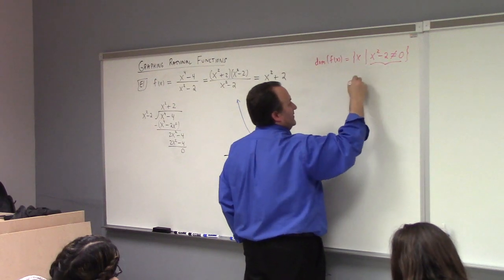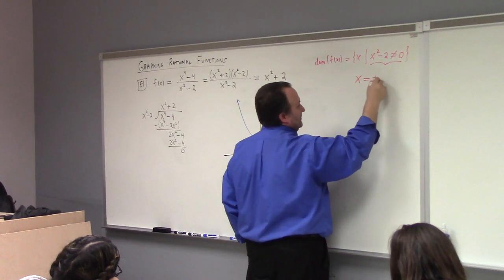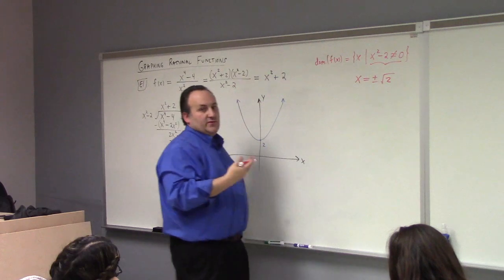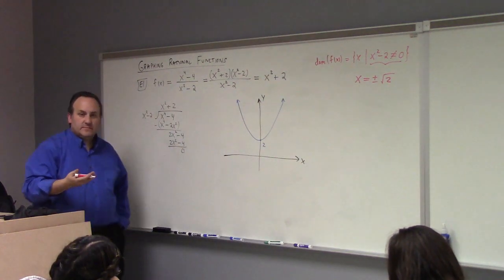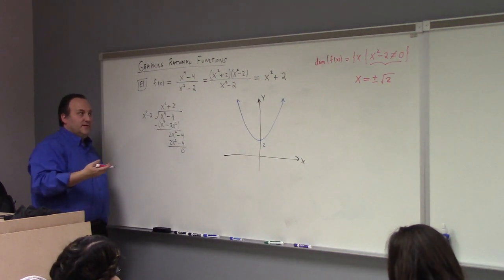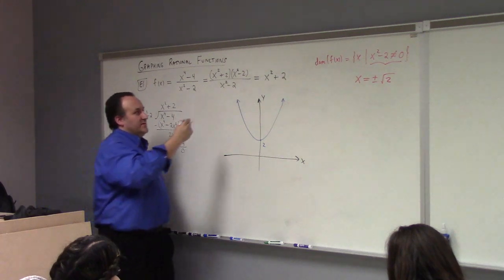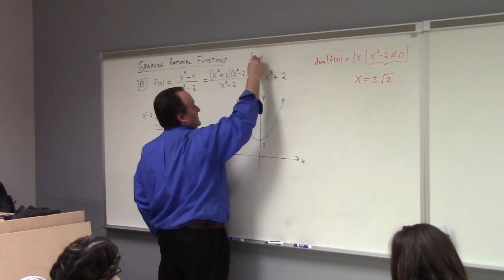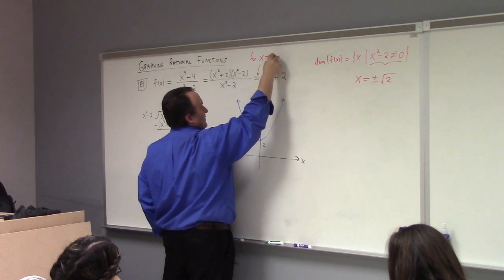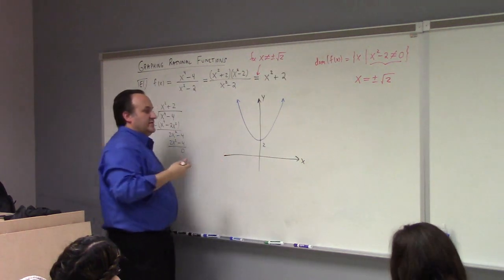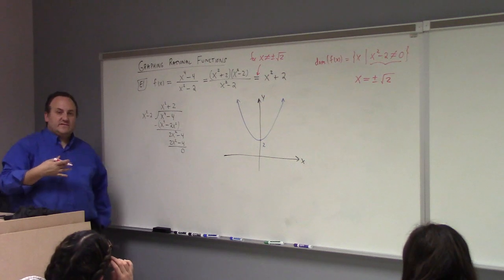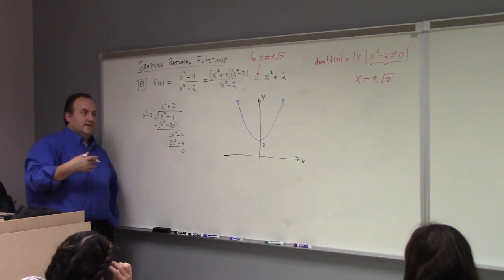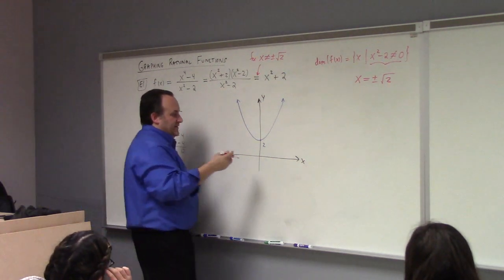This has got problems when x is plus or minus the square root of 2. Those points are not in the domain, right? When is this simplification legit? That's legitimate for x not equal to plus or minus the square root of 2. At plus or minus the square root of 2, the function's just not defined. However, it has holes in the graph, and I can tell you where they are.